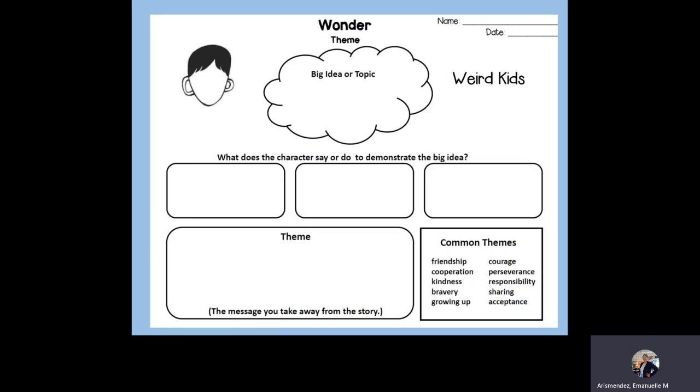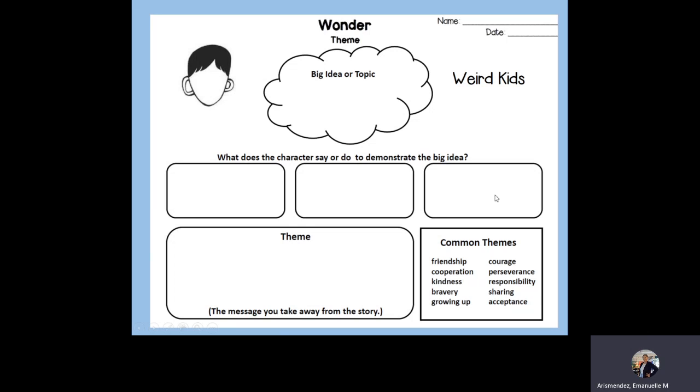So this is the graphic organizer that we're going to use to talk about theme in our book, Wonder. So we are going to talk about the theme of the chapter called Weird Kids. Now, Weird Kids is a chapter that we just finished reading this week, and it is from the point of view of Summer.